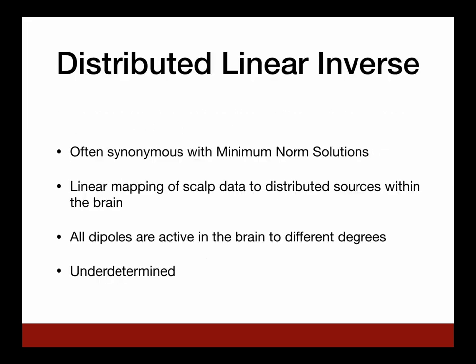In contrast, the distributed linear inverse, which often goes by the name minimum norm solutions, where we have all of the voxels activated in the head at a particular time, tends to work a lot better because we don't have as much user interaction.